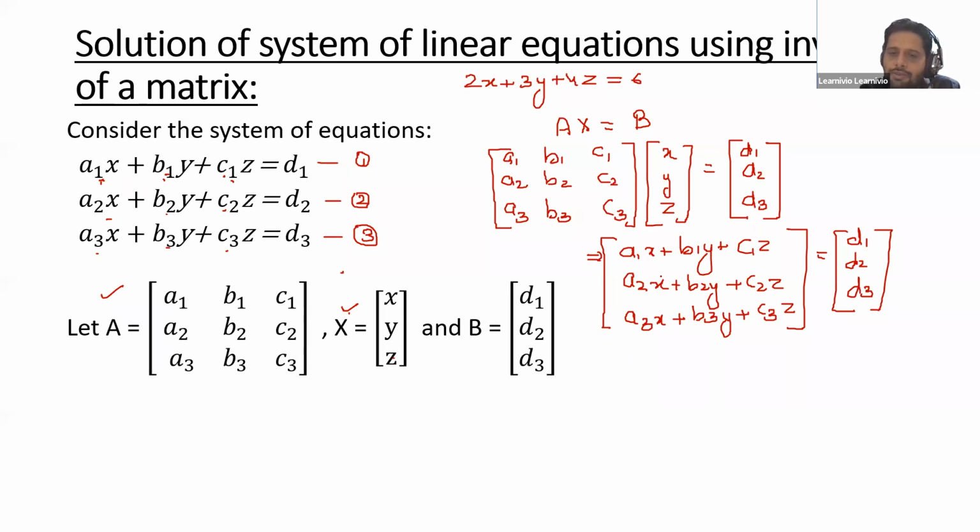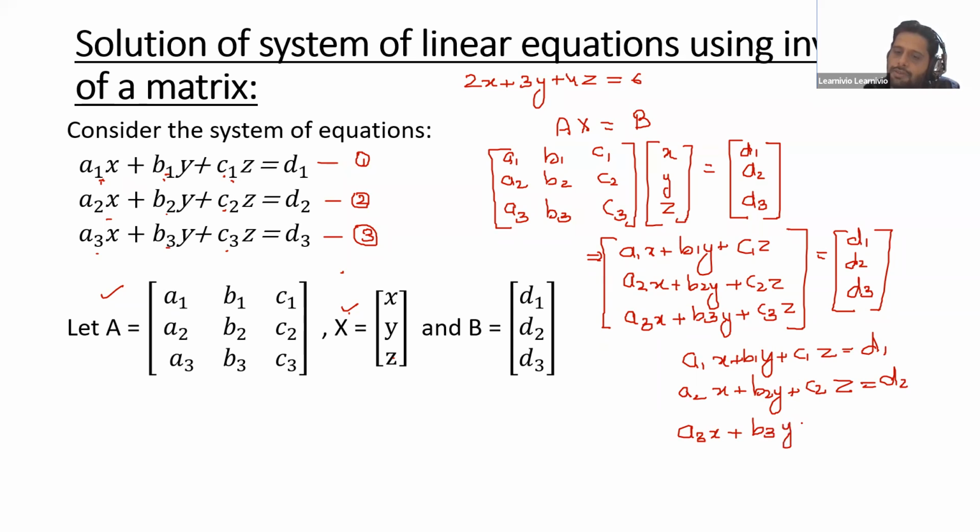Okay, now equate this. So the first equation will be equated with d1. So we will get a1x plus b1y plus c1z is equal to d1. Similarly, a2x plus b2y plus c2z is equal to d2. a3x plus b3y plus c3z is equal to d3.